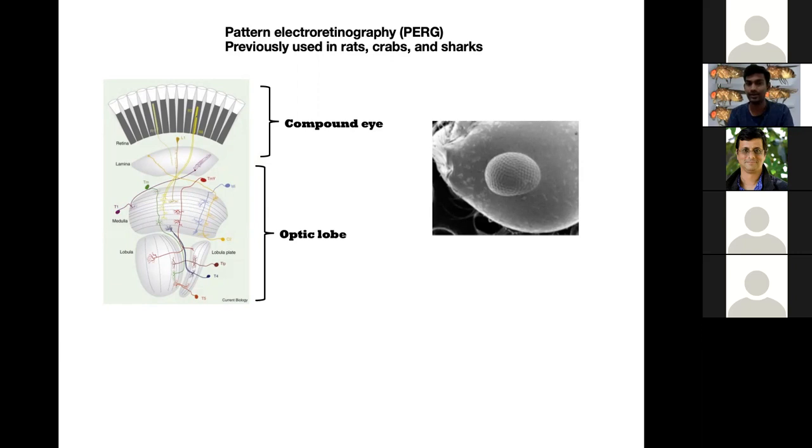When there is motion across the eye, the information is relayed from the photoreceptors to the first optic lobe neuropil, which is the lamina. If the system is able to detect the motion, there would be a change in the voltage in the lamina, which we can amplify and record. That's basically what pattern electroretinography does.